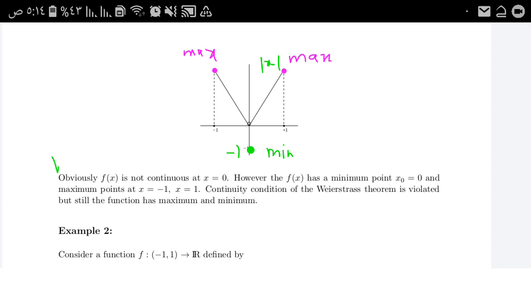Next question. What is the minimum value? Okay, that's right. The minimum value is -1.